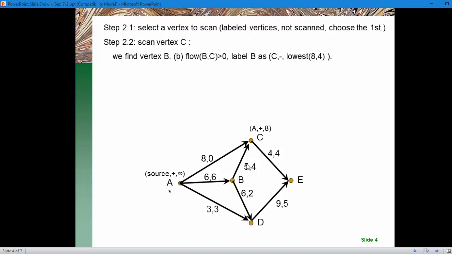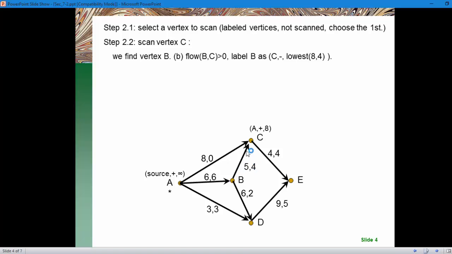Now here's a different possibility. When we look at vertex B, there is an edge from B to C. So it's a reverse edge because we are at C. This edge is going in the opposite direction. When that happens, the only way to move flow out of C through this reversed edge is to decrease the flow that is already in there.